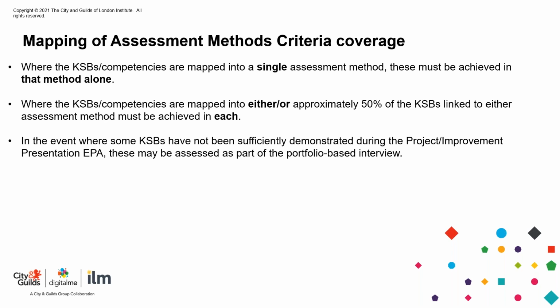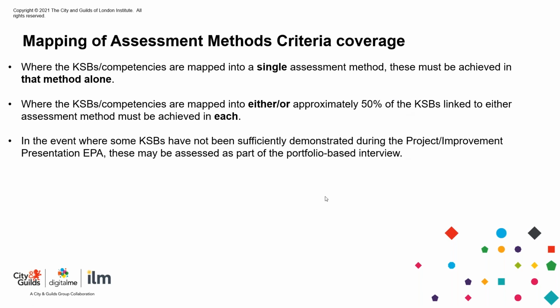And this is really because now the 3 assessment methods, so the knowledge test, the portfolio-based interview, and the project presentation, they now carry equal weighting, which means that they have equal contribution towards the overall apprenticeship grade. One important thing to note is also that, as Dom mentioned, the first assessment method will be, well, ideally the knowledge test, which will be followed by the project presentation.